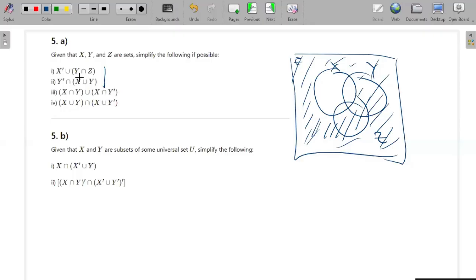Then they're telling me to union the intersection of Y and Z. When I look at Y and Z, where do they intersect? They intersect at this point here.